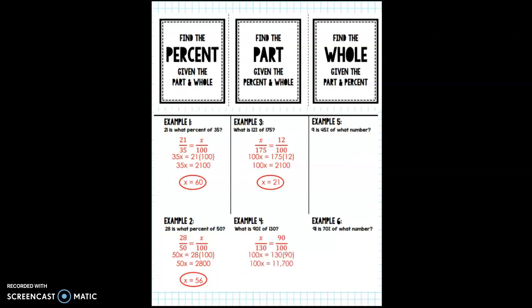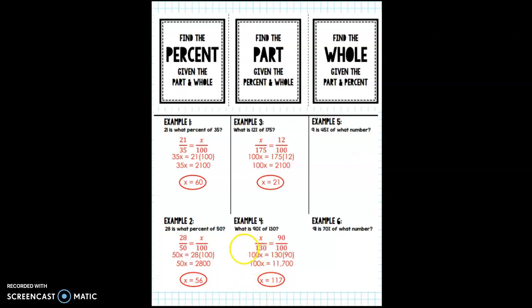Then divide by 100. 117 is 90% of 130. Another way of looking at that is taking the whole times the percent and dividing by 100, or finding the decimal of the percent and multiplying that by the whole.